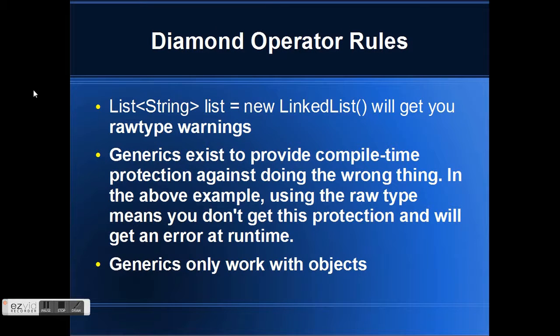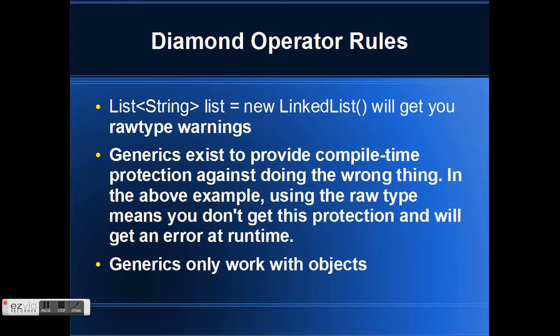Also, the diamond operator rules. List<String> list = new LinkedList will get you a raw type warning, meaning if you instantiate without defining the type, you will get raw type warnings.